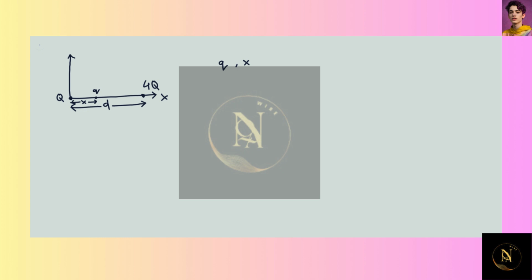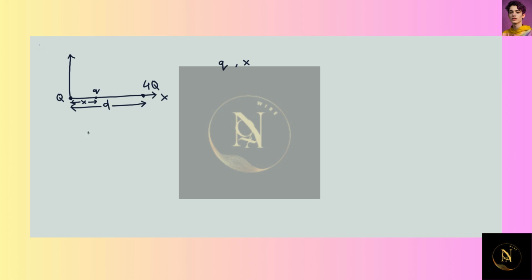Now another thing, since all these three will be in equilibrium, we can say that the net electric field at this point where the charge small q is placed will be equal to 0.